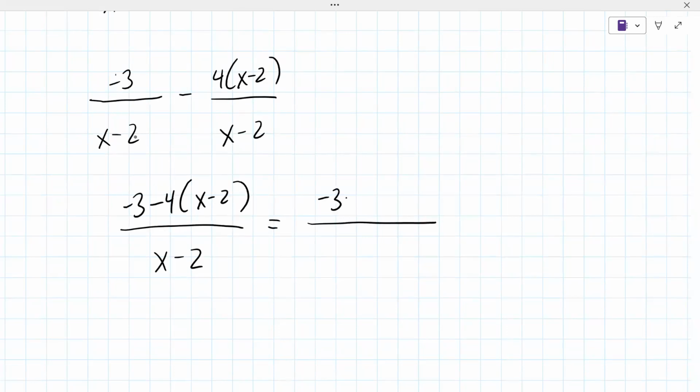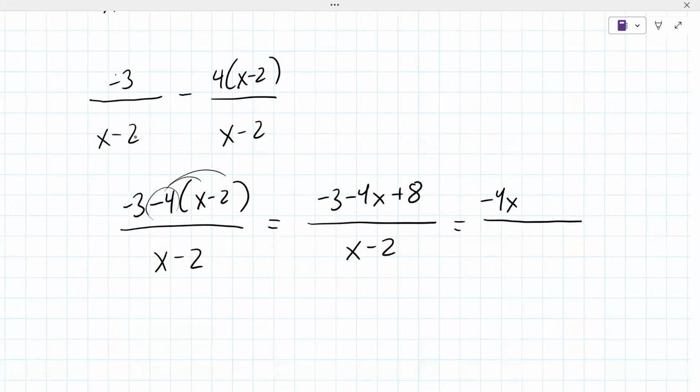The top becomes -3 minus 4x plus 8 over x minus 2. So that -4, very important, that -4 goes into both. It's not a choice, it's both. And then you combine like terms. So -4x plus 5 over x minus 2. Okay.